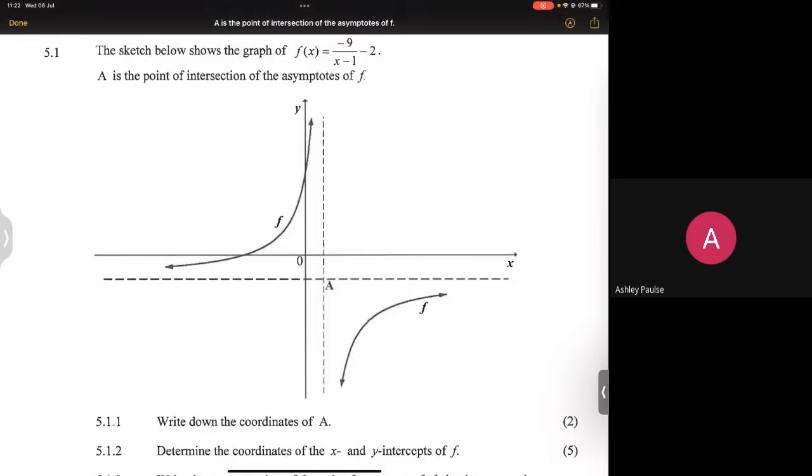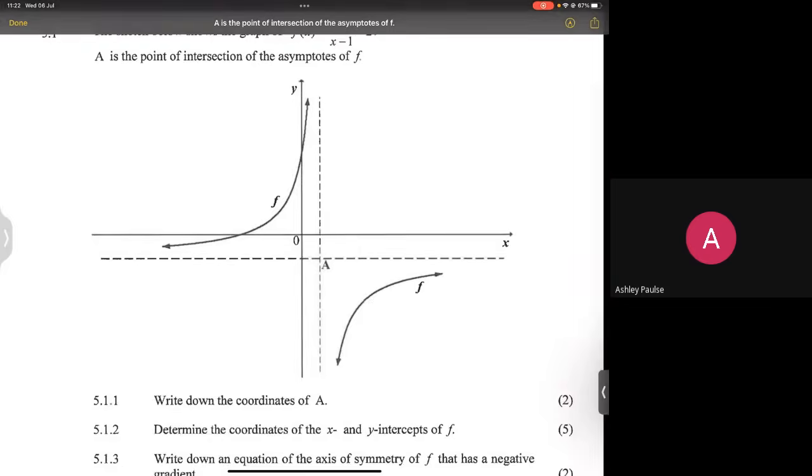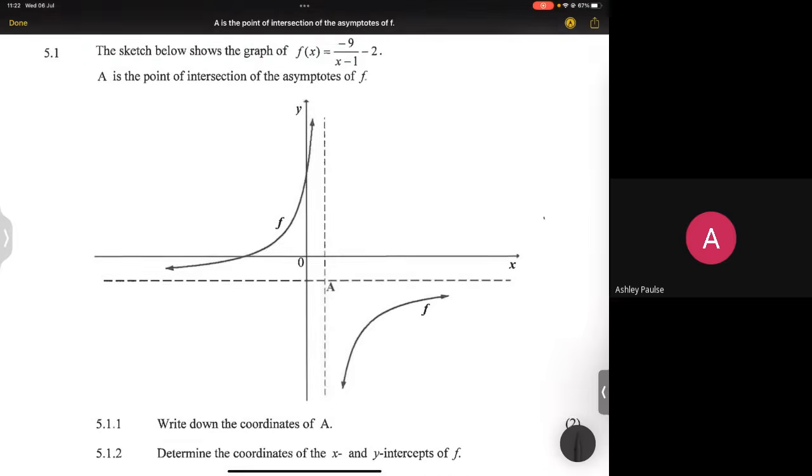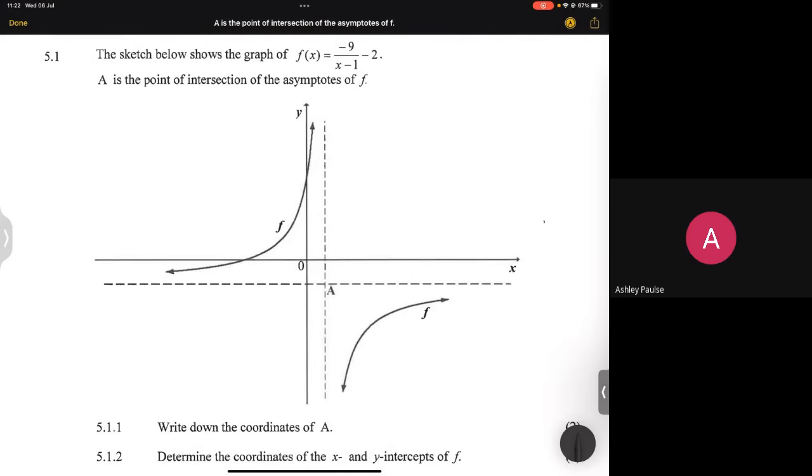Okay, I'm just trying to move this around. It seems to be misbehaving. Okay, there we go. Right. So that should be the values of our asymptote. So it means our vertical asymptote is at x is equal to 1. So it means this x value is 1 there, right?